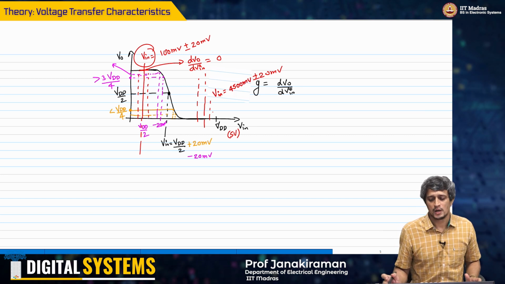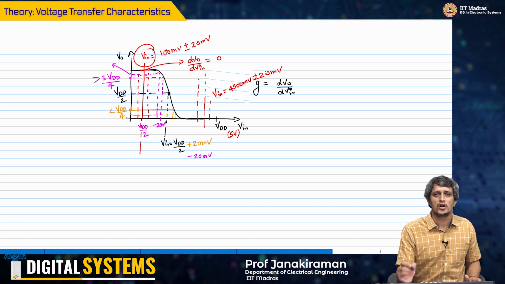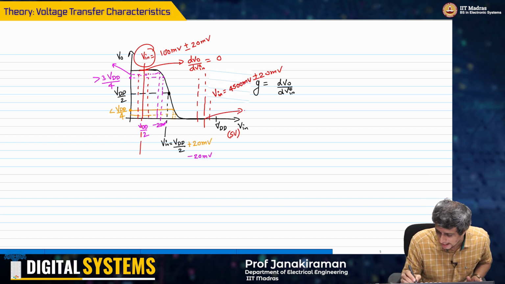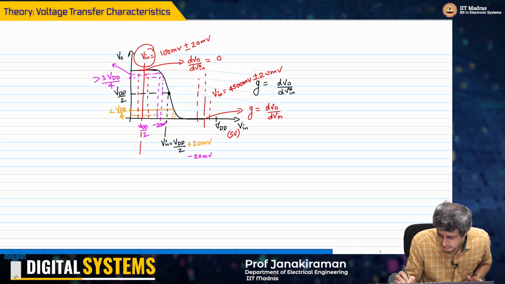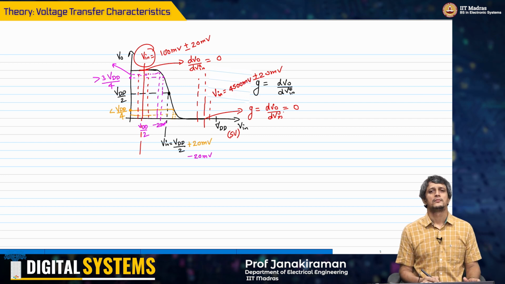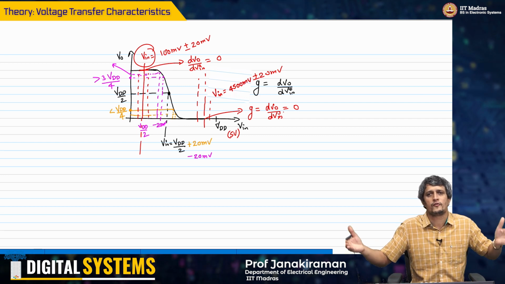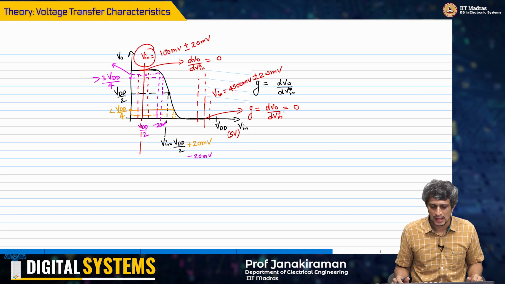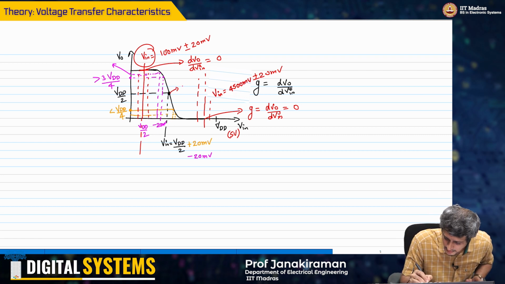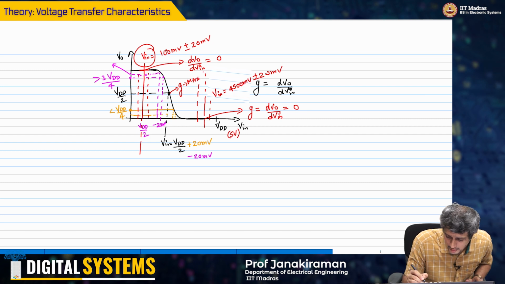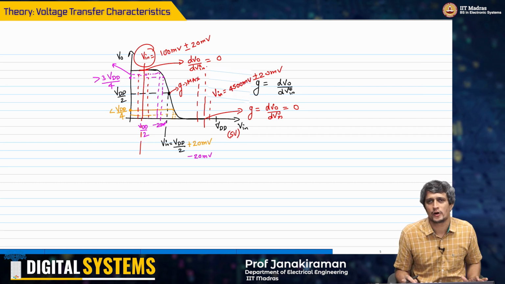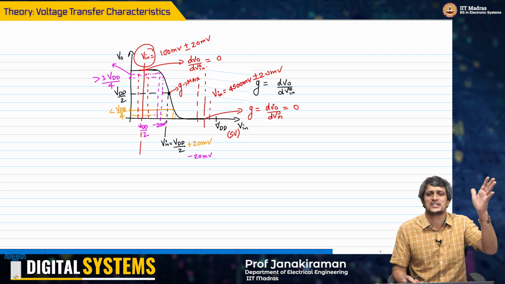So therefore, plus minus 20 millivolt is getting killed there also. Here again the gain is dVout by dVin equal to 0 because the output is constant for a range of inputs. Whereas here the gain is maximum and negative, forget about the negative part, but it is maximum.